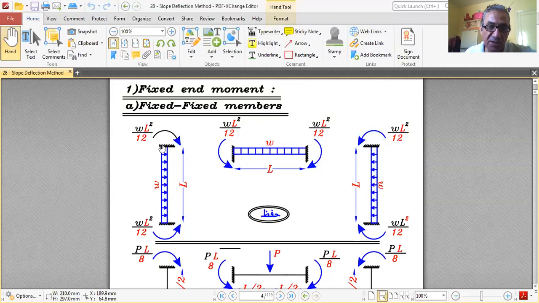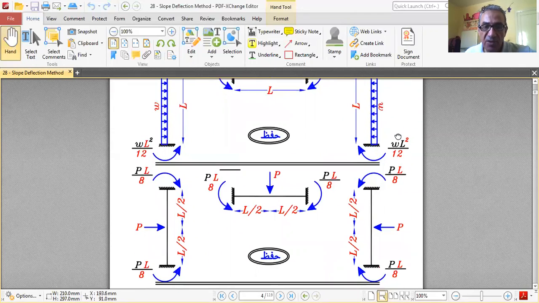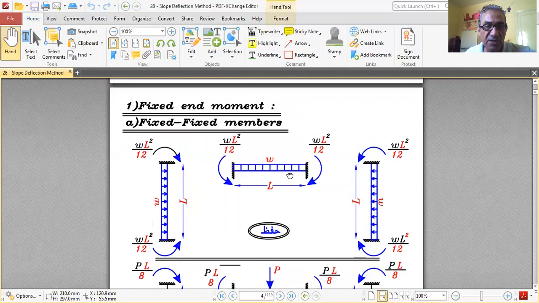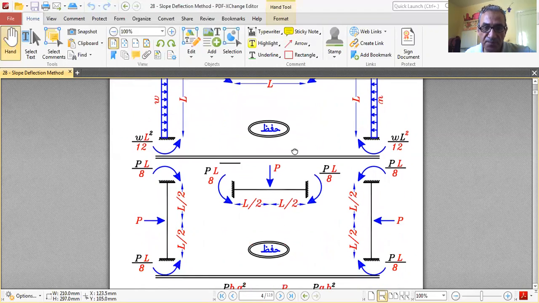The fixed end moments are WL square over 12. So this is the fixed end moment for a fixed beam. Okay, and for a UDL, uniformly distributed load on a fixed member, the fixed end moment is WL square over 12 on both ends.